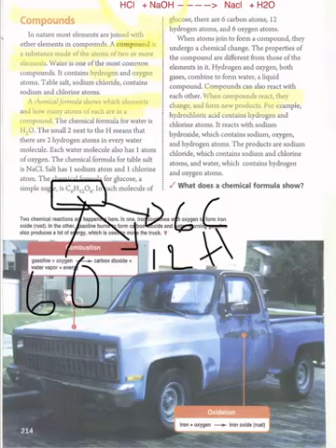For example, HCl is hydrochloric acid and contains hydrogen and chlorine. It means hydrochloric acid is made up of hydrogen and chlorine. And here we have another one, NaOH, sodium hydroxide.